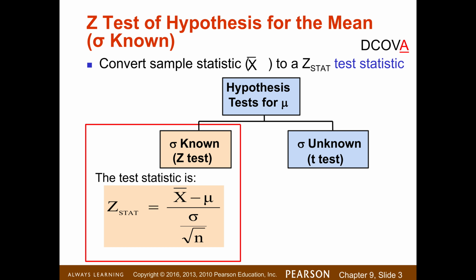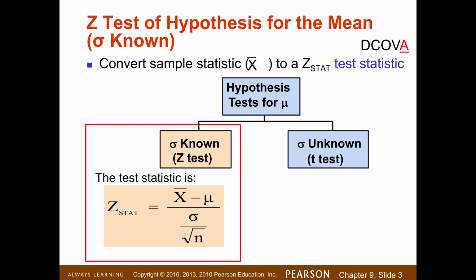Again, the first thing you do, as we said in the previous video, is state your null and your alternative hypothesis, set your level of alpha, and get your sample size. But the next thing you would do is calculate your test statistic. If the population standard deviation is known, our test statistic is called a z-statistic.